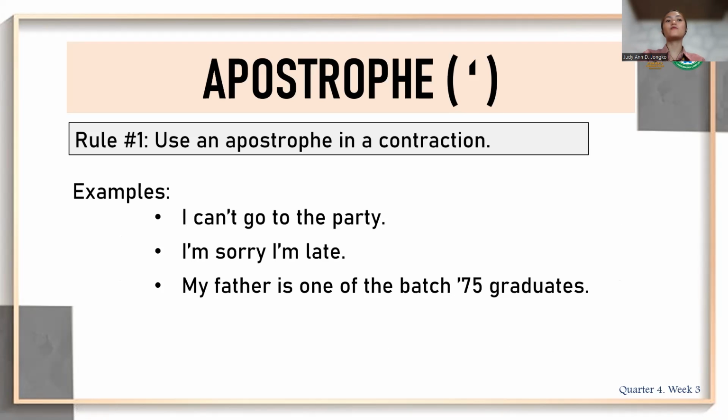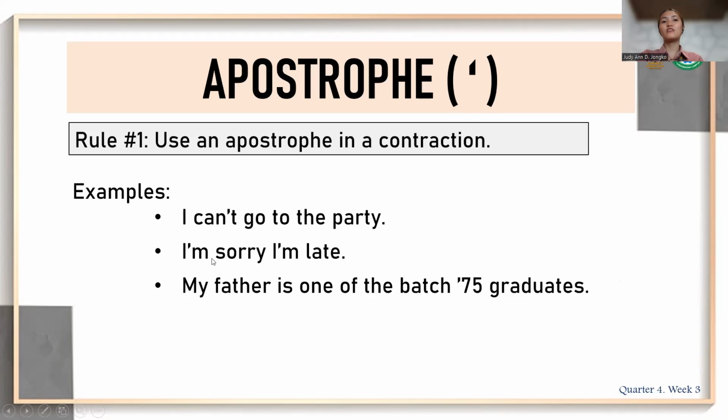Now let's take a look at these following examples. I can't go to the party. Can't here is a contraction for cannot. So in this sentence, it means that I cannot go to the party. Another example is I'm sorry I'm late.